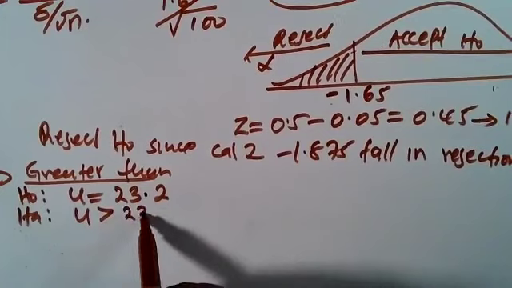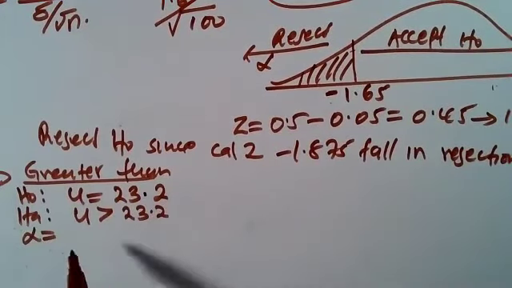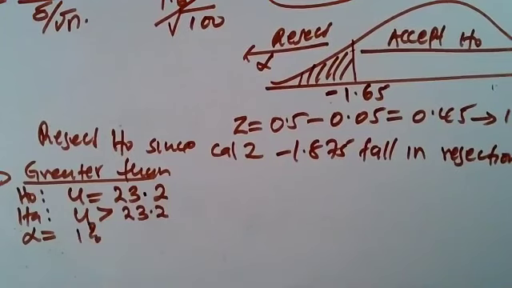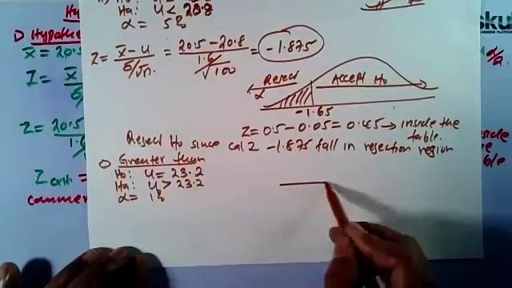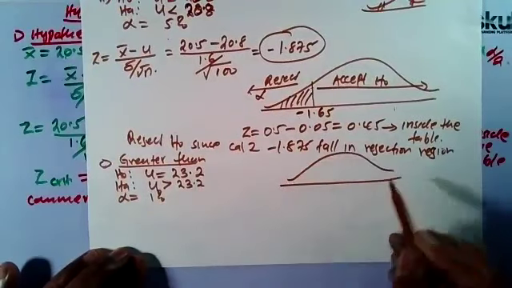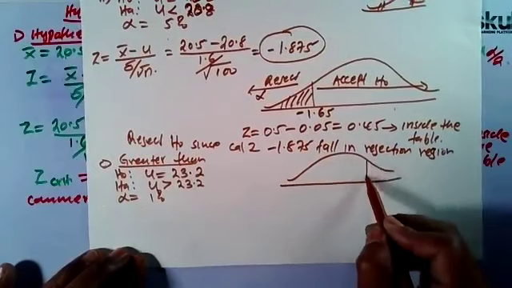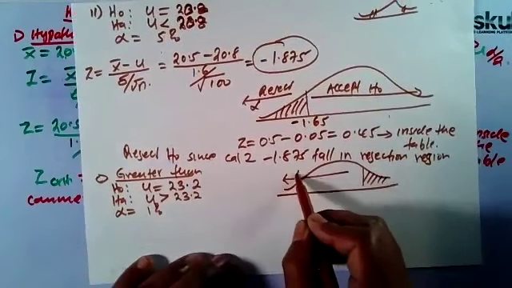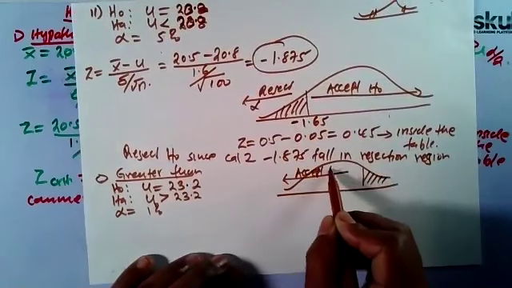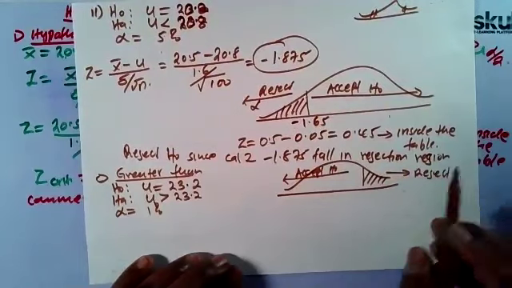Then significance level, tumeambiwa at 1%. Now in that case, ukichora hivyo, greater than bado itakuwa one tail test, but on the right hand side. So ikiwa huku you accept, ikiwa huku you reject.